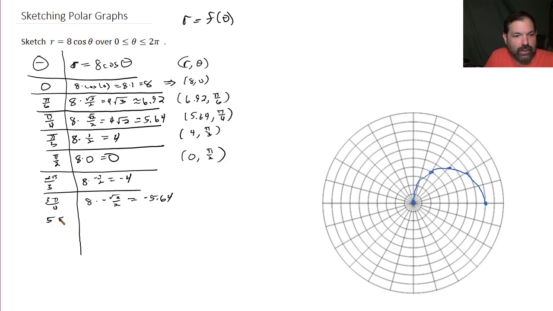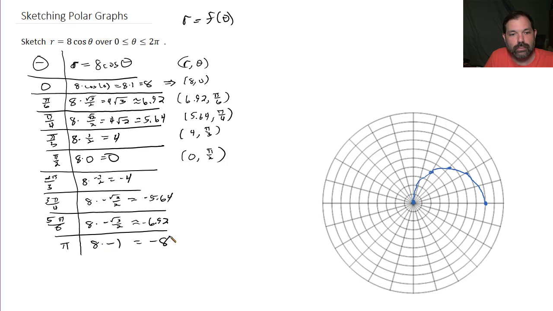At 5 pi over 6, I'd have 8 times negative root 3 over 2, which is approximately negative 6.92. And then at pi, the cosine is negative 1, and so that would be negative 8.